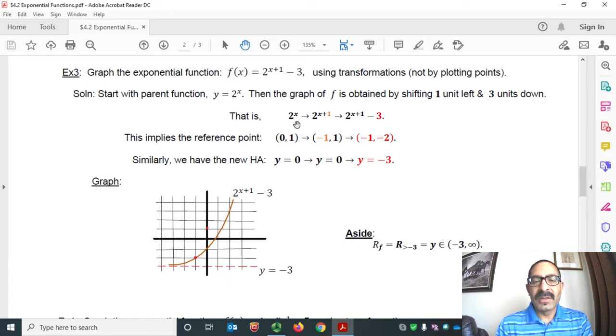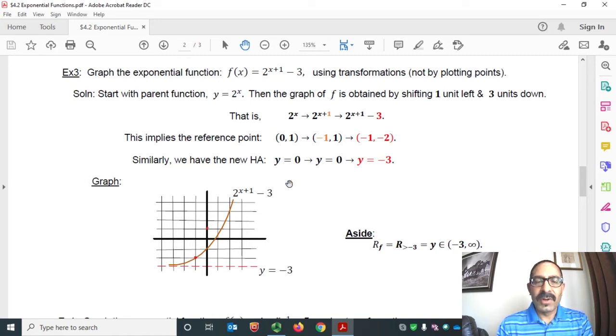I don't do anything on the y coordinate. I hope this makes sense to you all. Similarly, in our final transformation, we are shifting the graph 3 units down. That means we are subtracting 3 from the y coordinate. We're not doing anything to the x coordinate, so the x coordinate stays as it is. So 1 minus 3 gives you -2. So this is our new reference point for this exponential function.